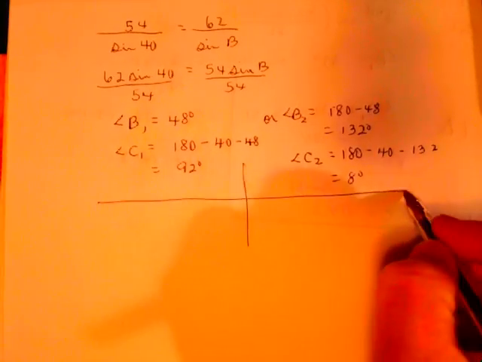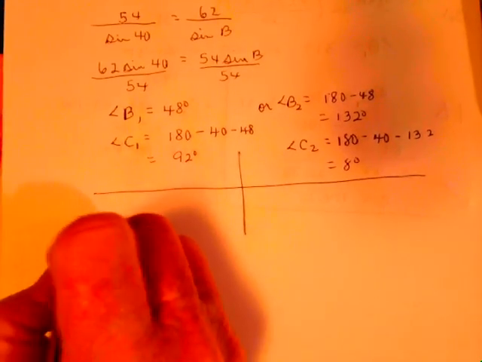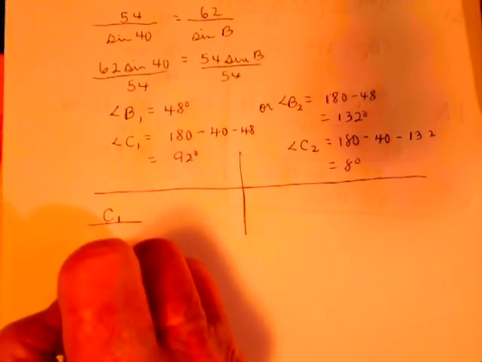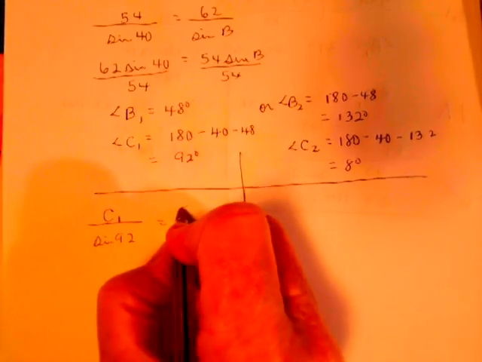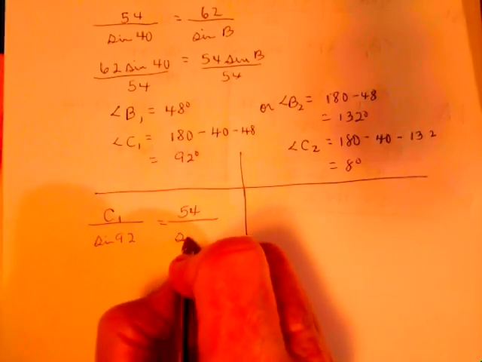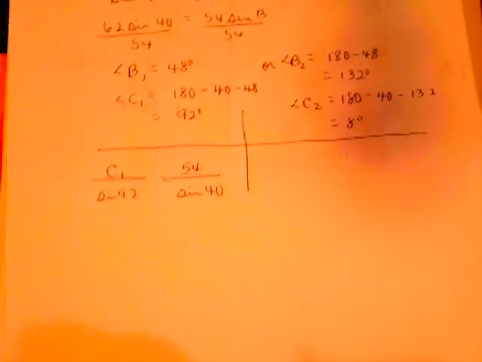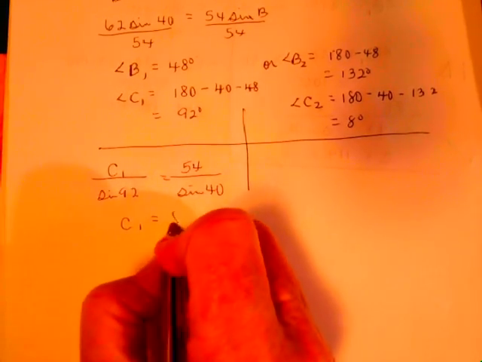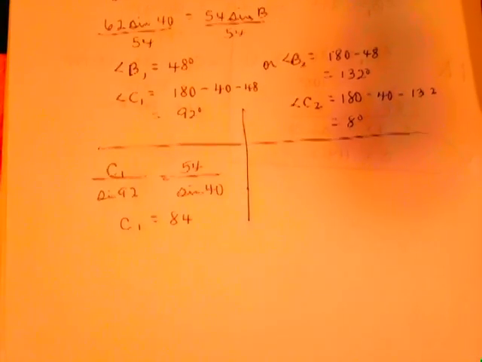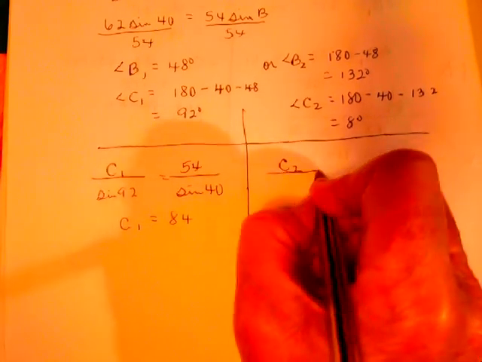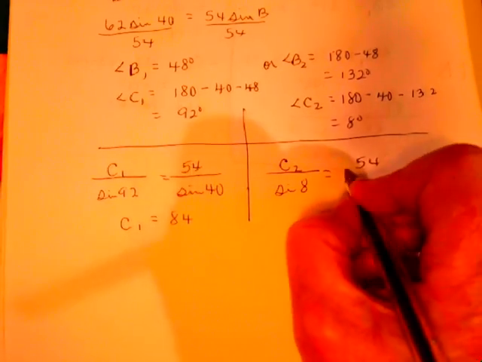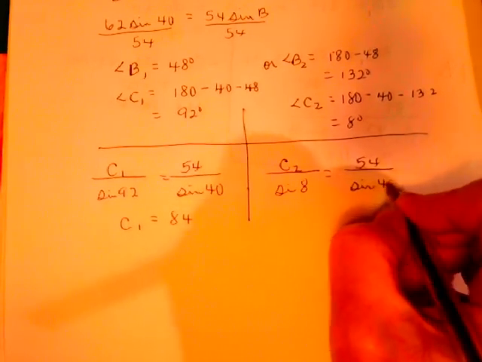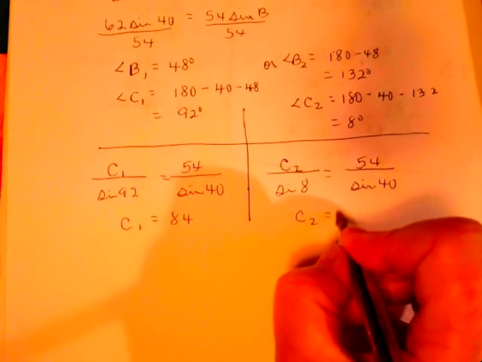Now, find side C1. C1 is to the sine of 92 as 54 is to the sine of 40. C1 equals 84. Do the same thing over here to find C2. C2 is to the sine of 8 as 54 is to the sine of 40. C2 equals 12.